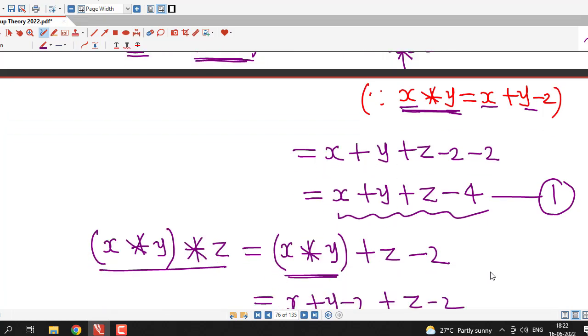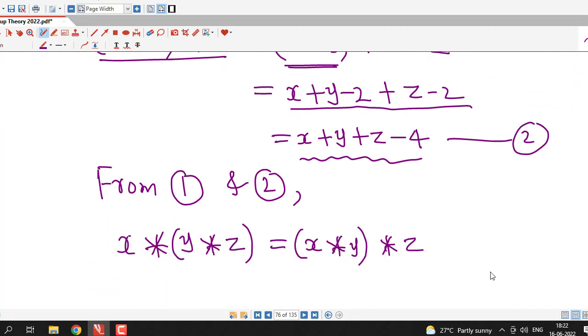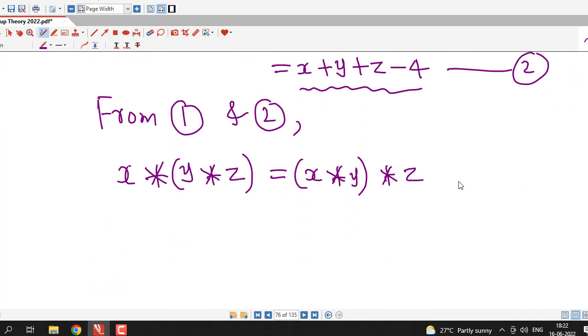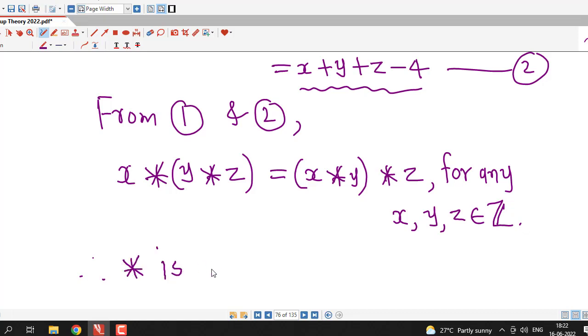So because right hand sides of 1 and 2 are equal, left hand side must be equal, and these x, y, z are arbitrary integers. So this is true for any possible 3 integers, for any x, y, z in the set of integers. Therefore we have shown that star is associative, or binary operation is associative on the set of integers.